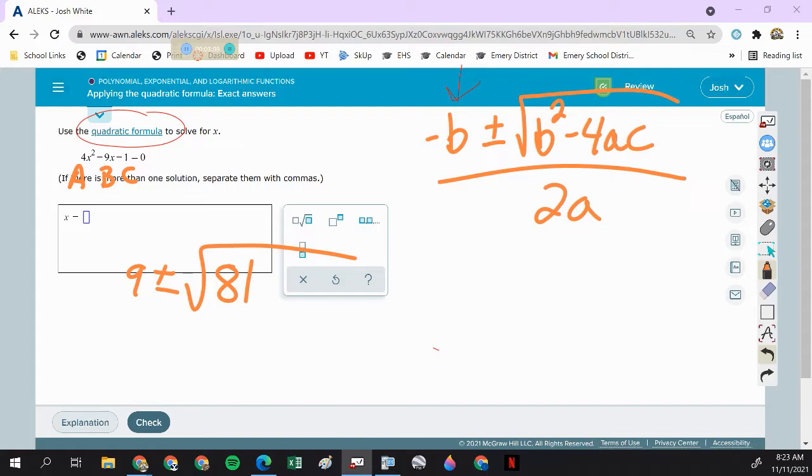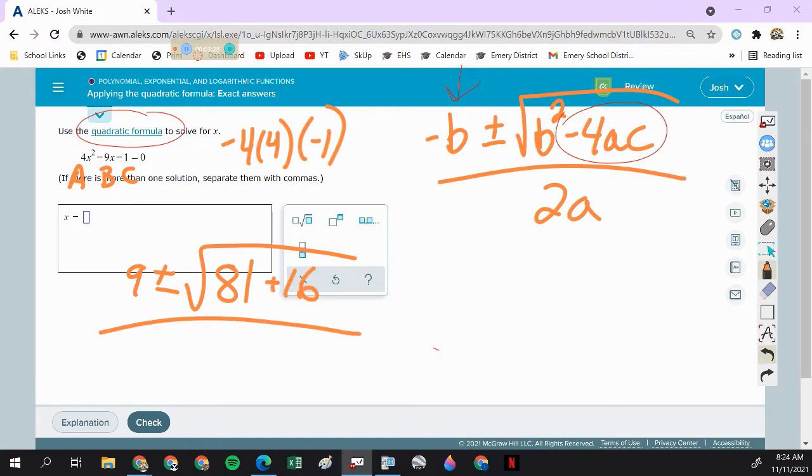Okay, and then I recommend writing this piece out together. Negative 4 times negative 4 times 4 times negative 1. Negative 4 times 4 is negative 16. Negative 16 times negative 1 is 16. So we add 16. And then we divide by 2a, which is 8. So that gives me 9 plus or minus the square root of 97 over 8.